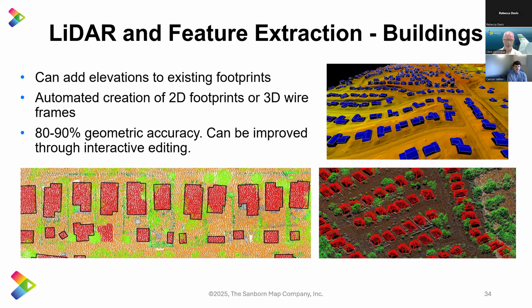But taking some of the existing data and merging it with LiDAR, we can enhance existing structures. We could also just create footprints from the LiDAR as we classify the data and extract out those building footprints.